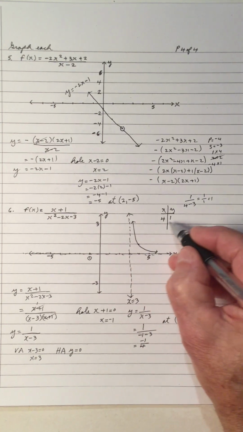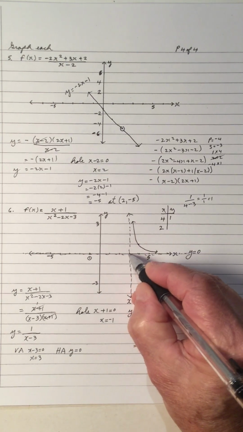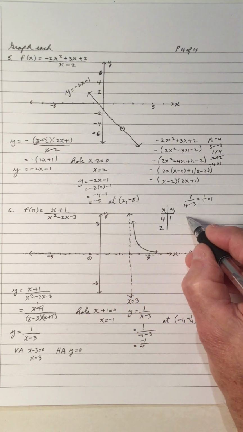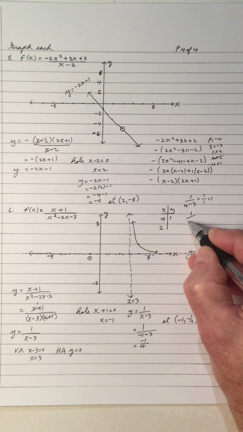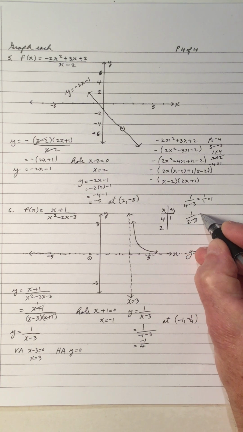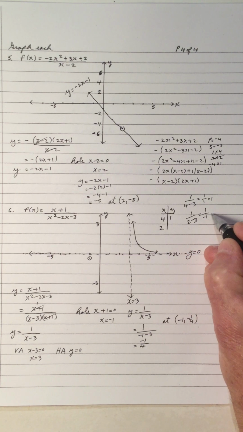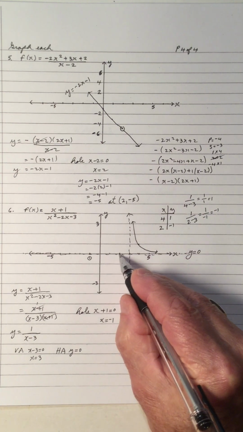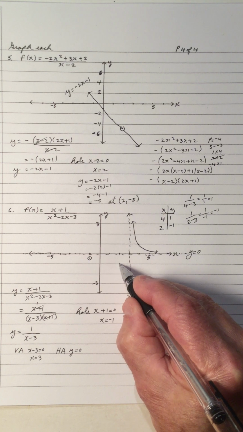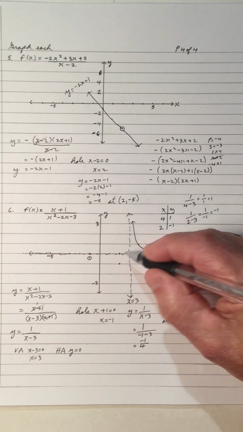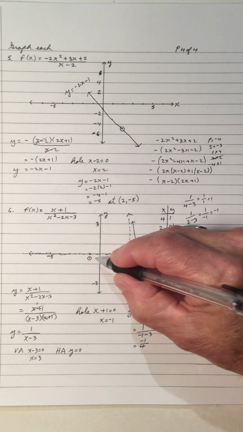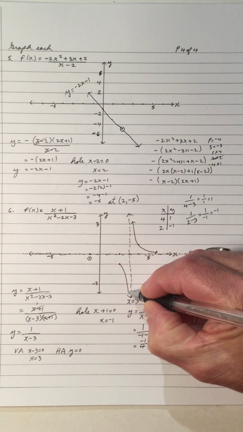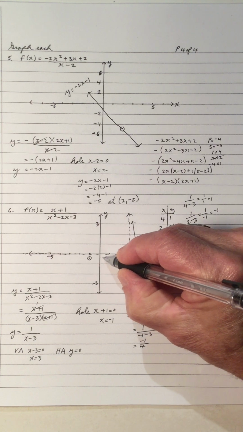So let's plug in 2. 2 is on the other side of this vertical asymptote. X is 2, so plug a 2 in here, we get 1 over 2 minus 3, so it's 1 over negative 1, which is negative 1. So when x is 2, y is negative 1, which is here. So that's a point on the graph. And it goes through here and here, so it's going down like this and coming through here.